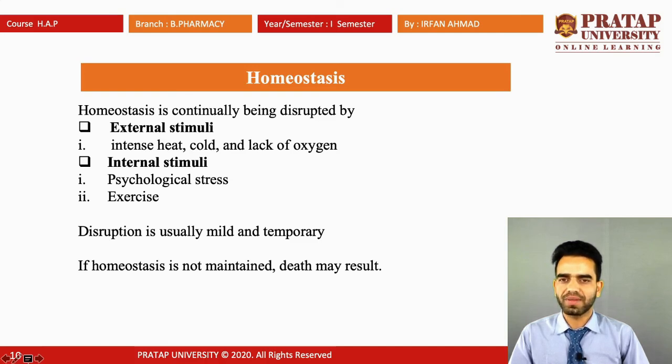The internal system is maintained by the nervous system and by the endocrine system, because for maintaining your internal system you either need hormones or you need the work of the nervous system. So if the nervous system and endocrine system work simultaneously, that could lead to that process.